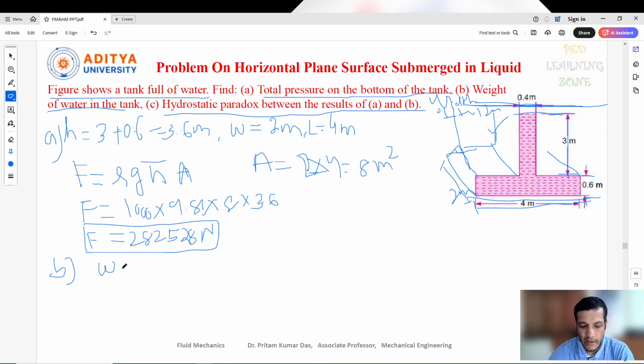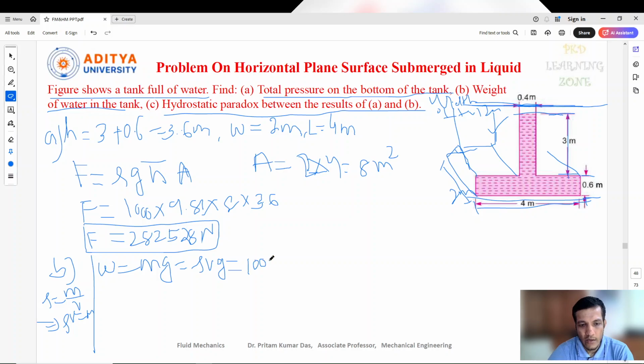W equal to mg, and from that we can write rho vg, because we know that density equals mass by volume, so in place of m we can write rho v. So just put the value of rho v in place of m, we can write rho into v into g.